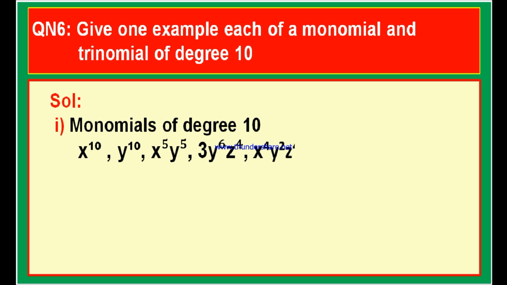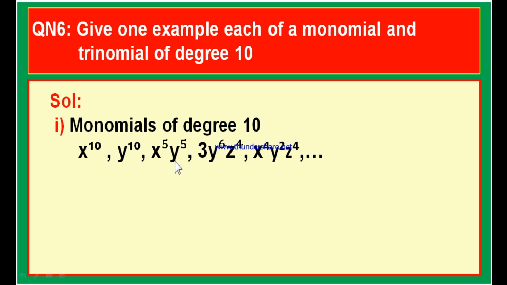It is a single term, therefore it is a monomial. And the exponent is 10, therefore it is of 10th degree. Similarly, y power 10. y is the variable. This polynomial contains only one term and the exponent is 10, therefore it is a monomial of 10th degree. Similarly, x power 5 into y power 5. It is only one term which contains the product of two variables.